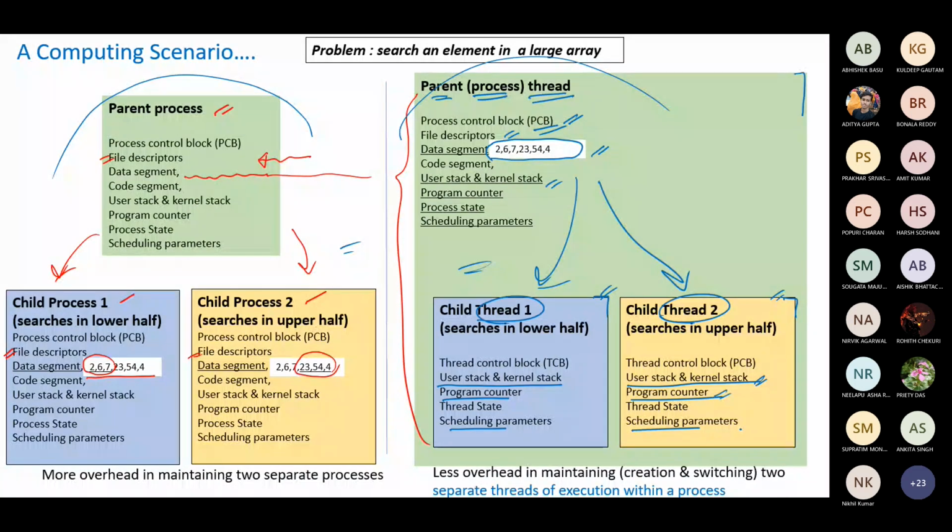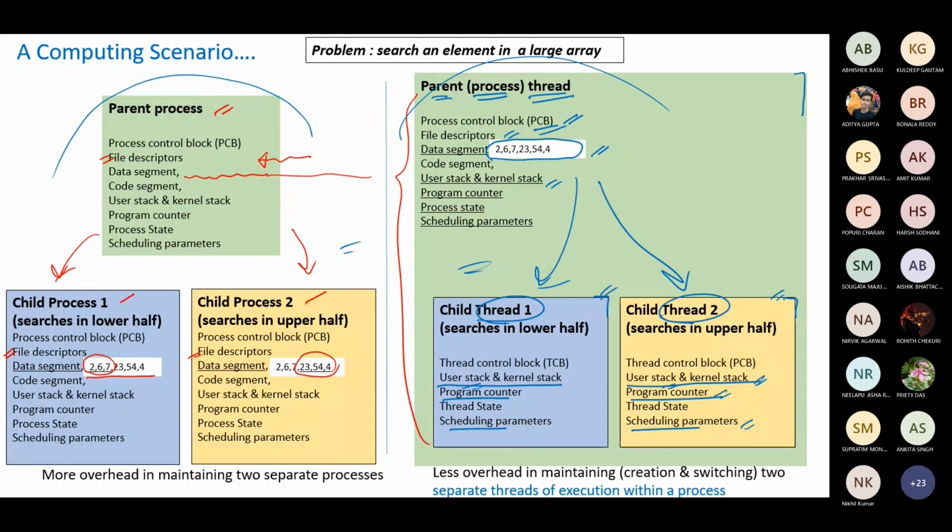And why do you require a different user stack? Because when two executable units are assigned a CPU, they will have their own trajectory, their own logic and their own way of doing things. Whenever you execute a module or a function, you need your own user stack.